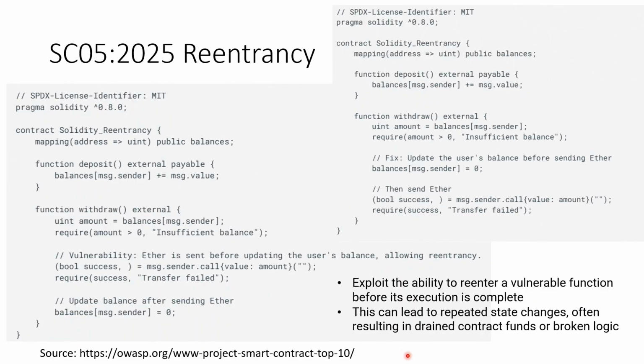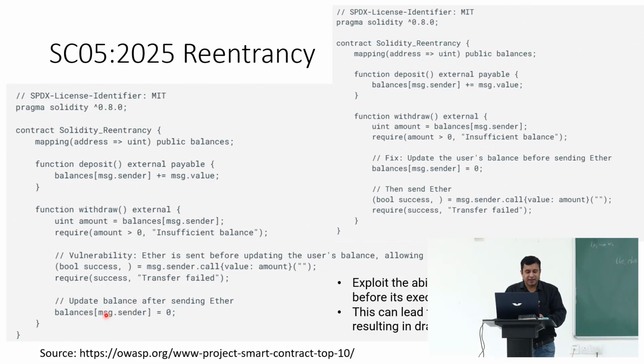Another vulnerability is re-entrancy, in which the same call is called again and again without updating the user's balance. If you see the function withdraw, the whole amount is being withdrawn by the user, but the balance is not being updated. The balance is updated later, after sending the value to the user. Once the user invokes this withdraw function, the amount is equal to the balance, and the amount should be greater than 0.